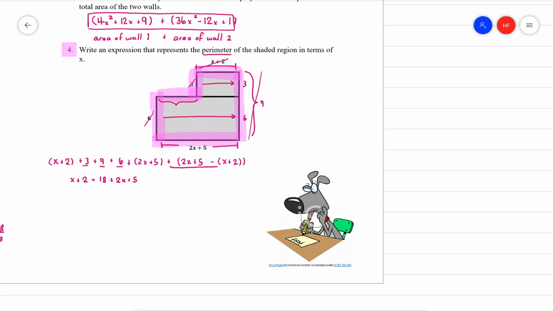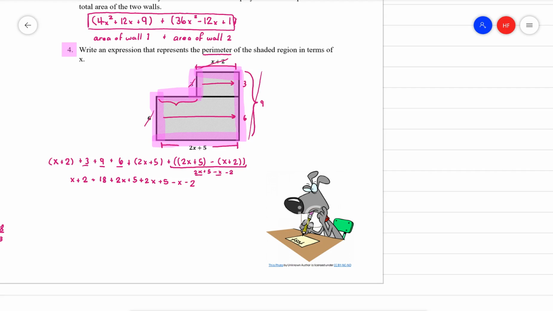Now this is where we get the changes, because we have 2x plus 5 minus x plus 2. So we would have 2x plus 5 minus x minus 2. So we're going to distribute that negative. 2x minus x, we can combine those already, or we can write it as it is, so plus 2x plus 5 minus x minus 2, and then combine from here.